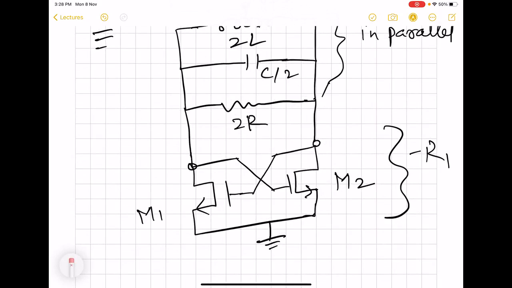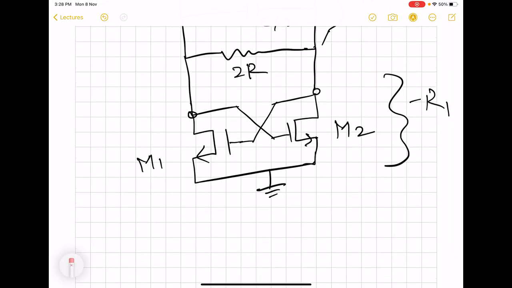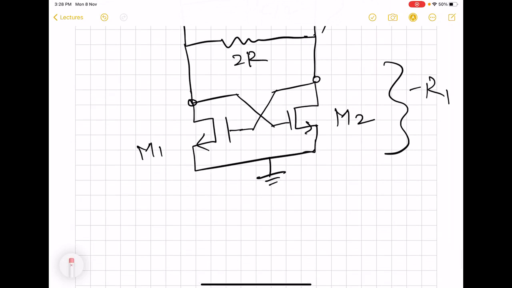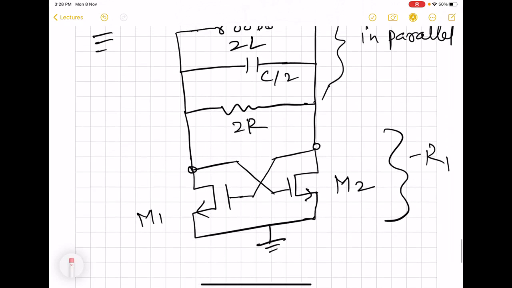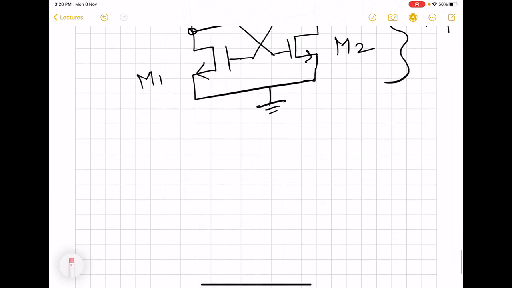So we are now revisiting this cross-coupled oscillator from negative resistance point of view and find out the GM requirement for oscillation and also see what will be the oscillation frequency. Although these two things we have already sort of derived earlier.